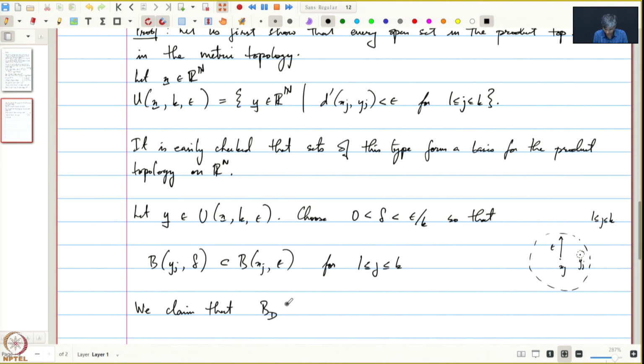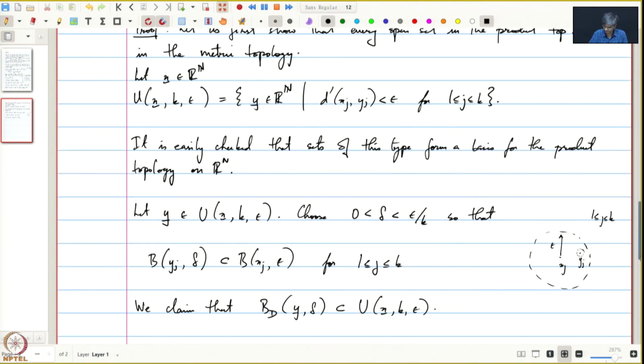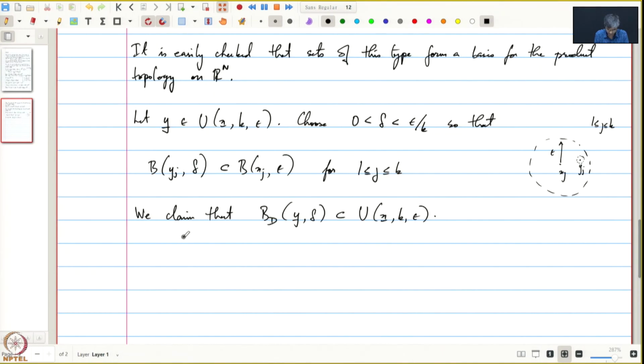Okay, so we claim that the ball in the metric topology of radius delta around y is completely contained inside this set. Let's check this claim. Suppose z is a point in this ball. This implies that d of y comma z is strictly less than delta.